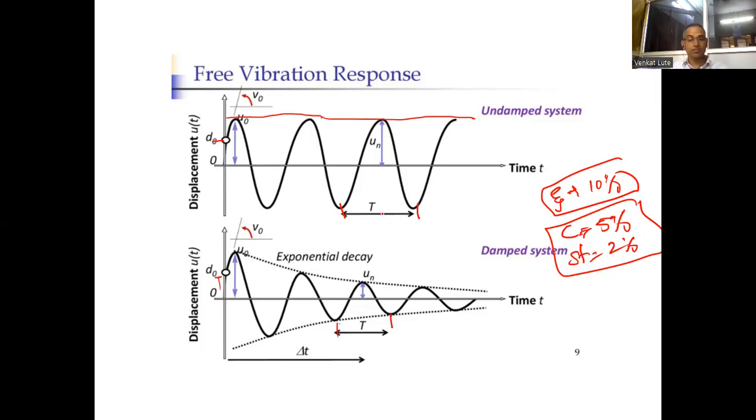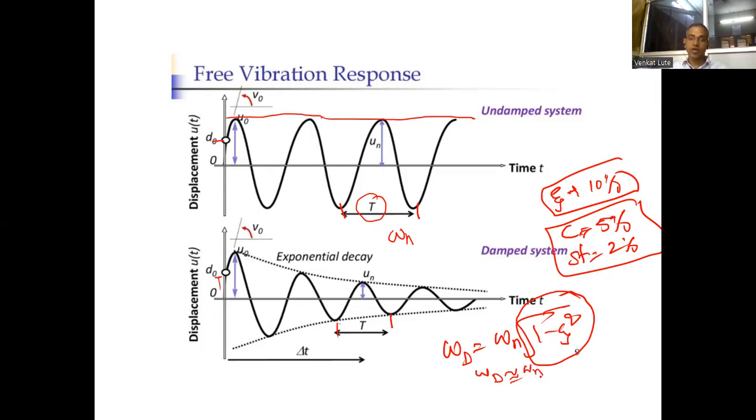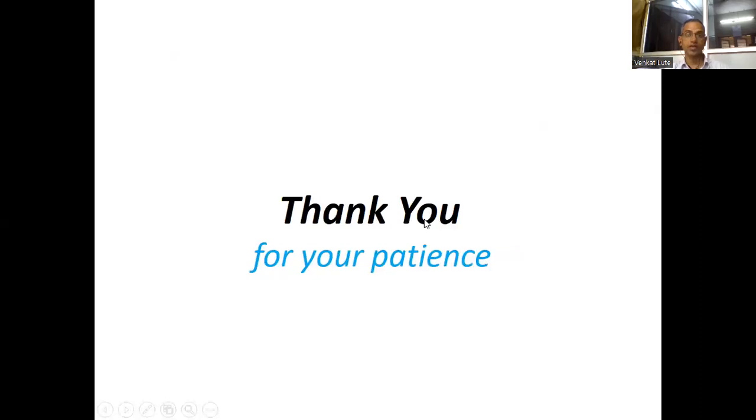Time period remains the same, so your frequency remains the same. That is why the damped frequency is natural frequency times the square root of 1 minus xi square. Xi is the damping ratio. So this factor is close to 1. That is why omega d is very close to omega n. So the natural frequency is close to your damped frequency. This is what we can observe from the undamped and damped responses. Thank you so much.